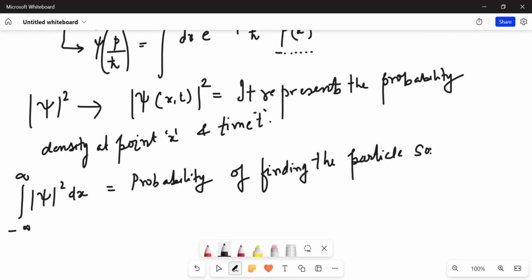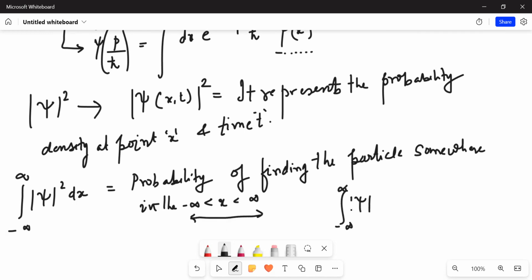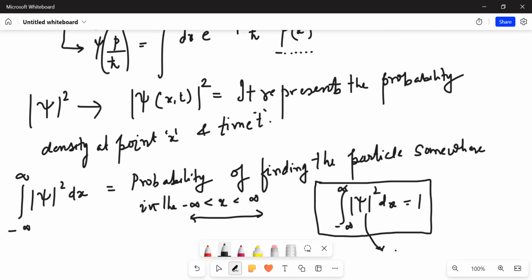Certainly this would be equal to 1, provided psi is normalized. That part we are also going to come to.